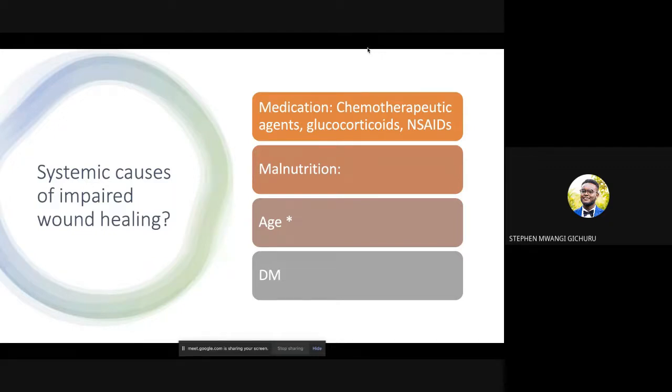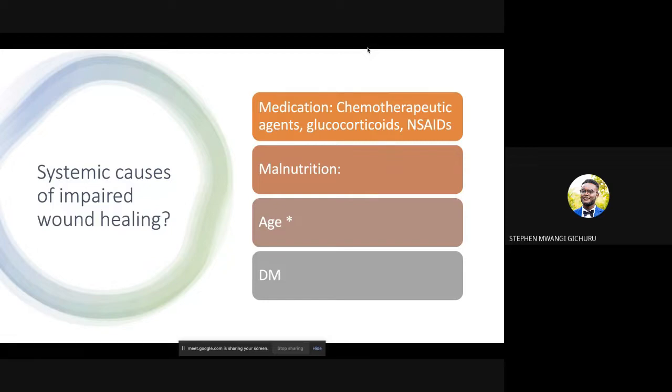So for medications, I know you understand the mechanisms of chemotherapeutic agents. You guys are also doing therapeutics, and you know how some of these agents work. They interfere with DNA and all that. And you say radiation affects DNA and wound healing.